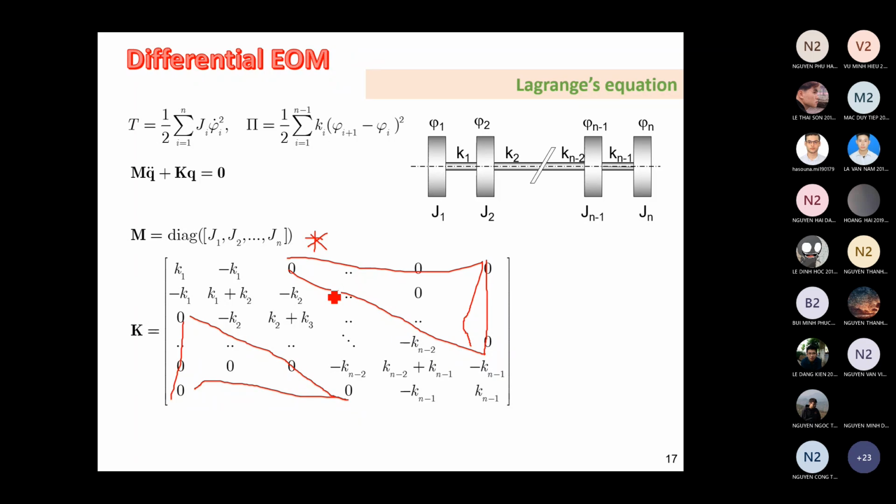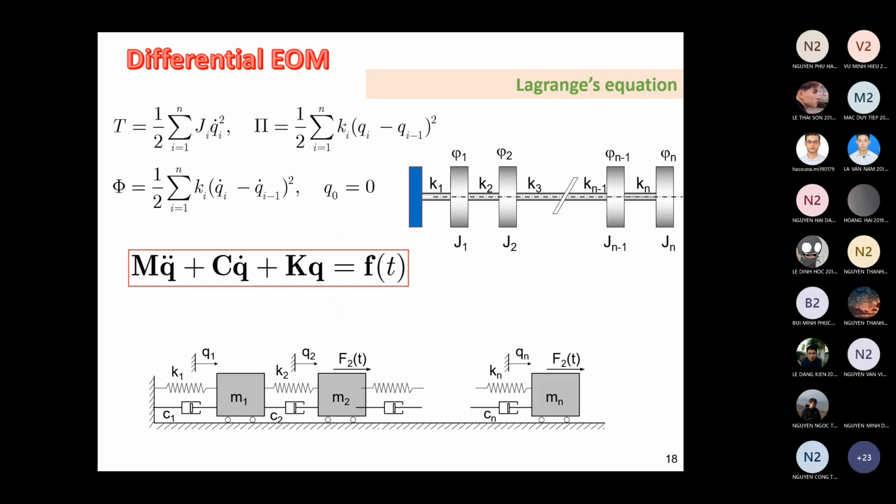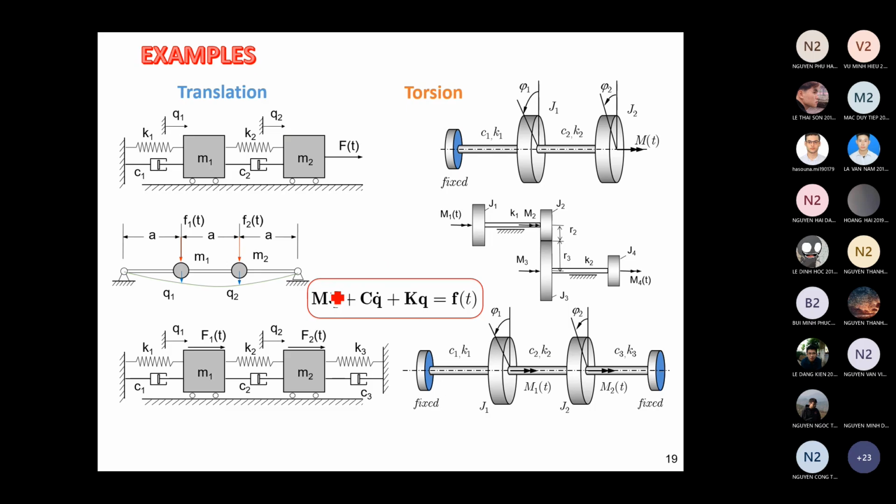Okay, understand? So your work at home is that you need to extend for me the n degrees of freedom for this example, the first example, and the second is this kind of example.